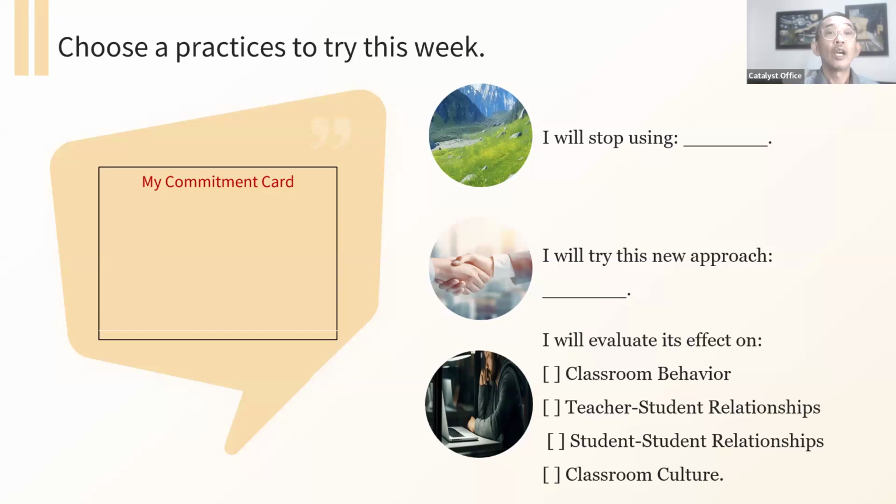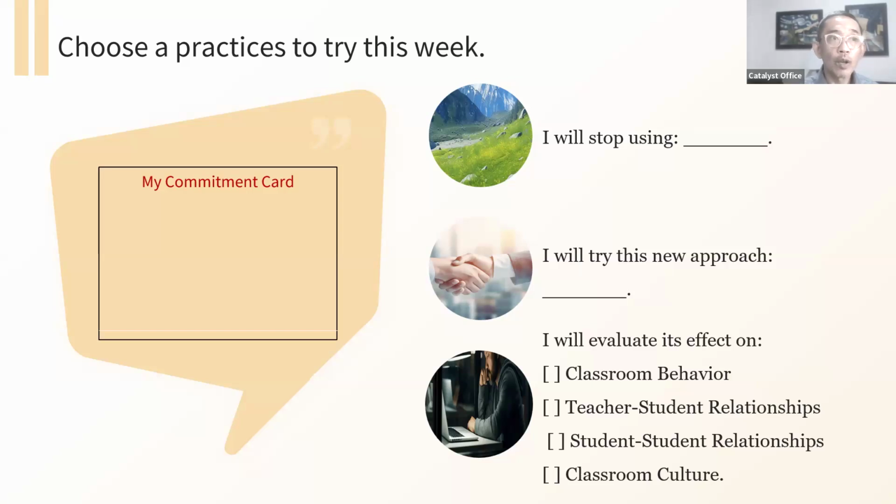And then it's important that whenever you're trying something new, you try to evaluate how it's going, and whether it's actually working. So I will evaluate its effect on classroom behavior. So does it seem like it's working, this kind of approach that I'm doing?